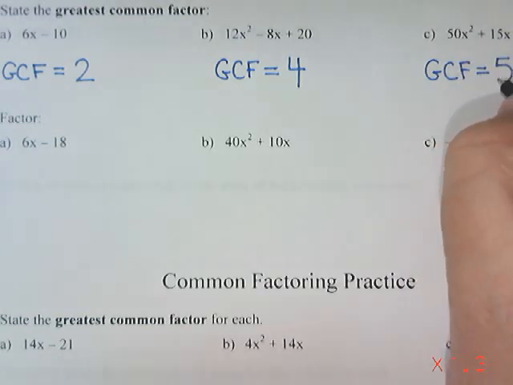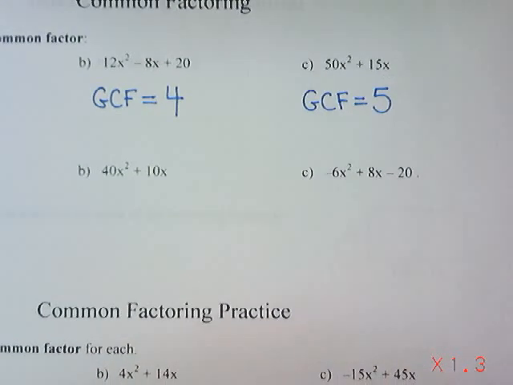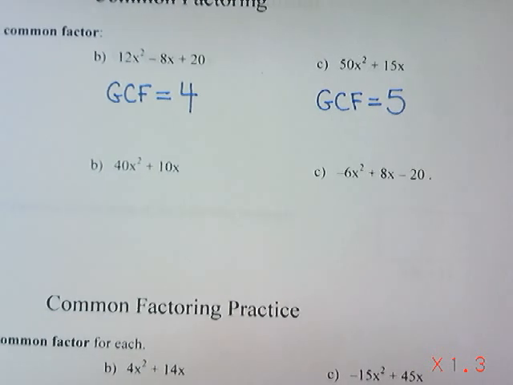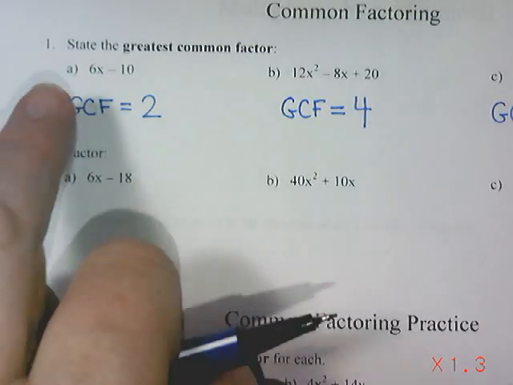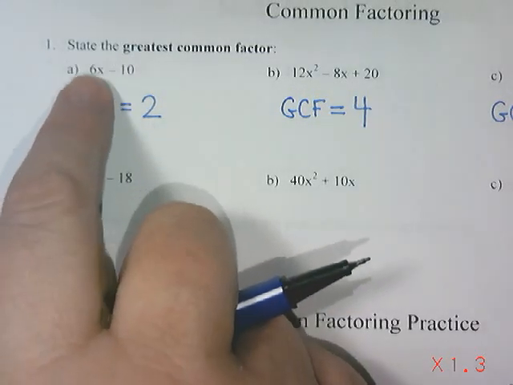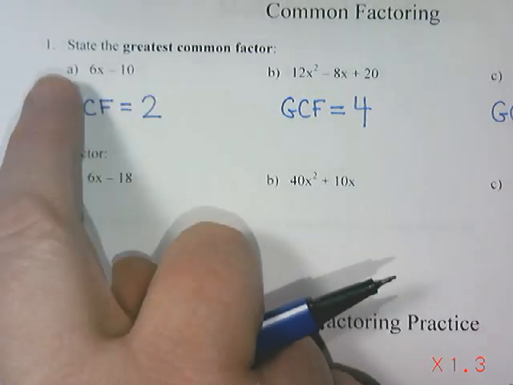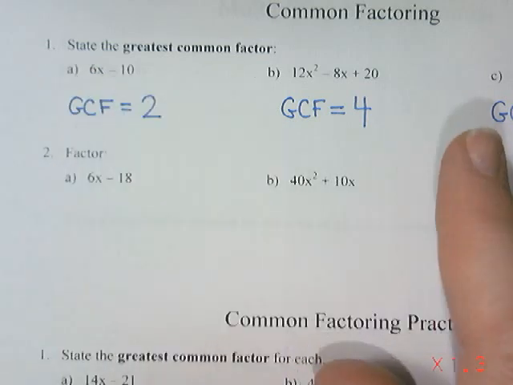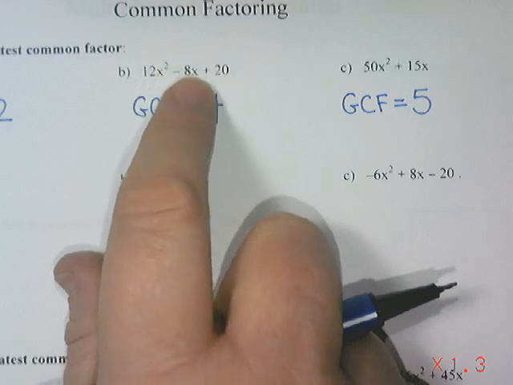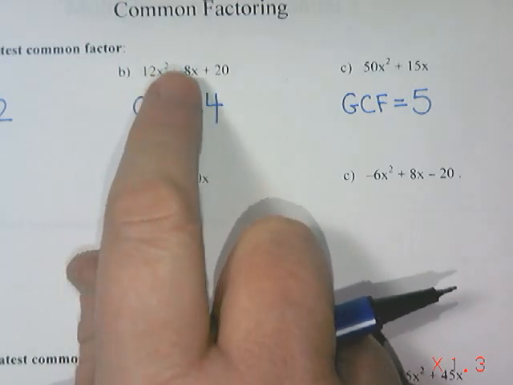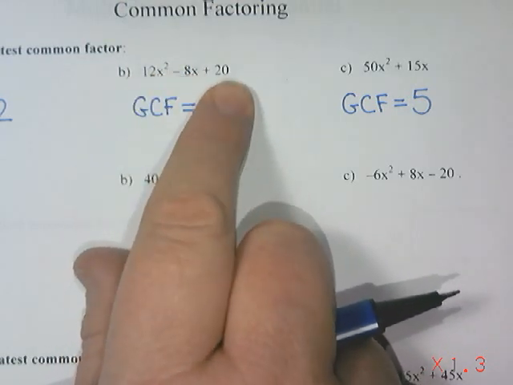Now, there is something about this last one that's a little different from the other two. In the first one, the first term, 6x, had an x, but the number did not. So they didn't both have an x. If I took a look at the middle one, I had x squared, x, and then just a number. So these two both had an x, but this one did not.